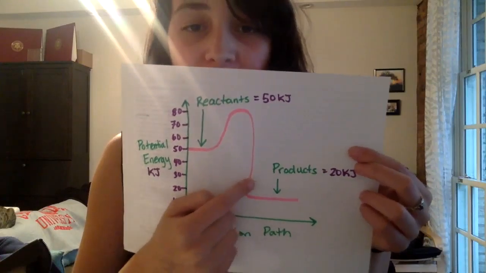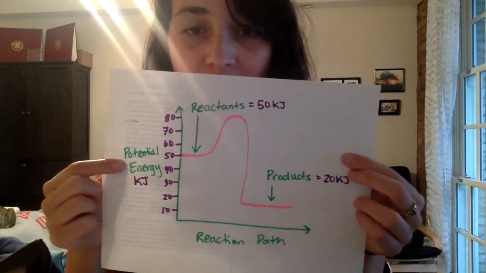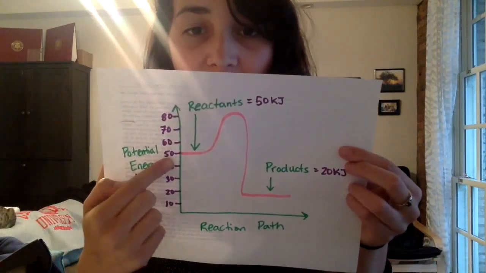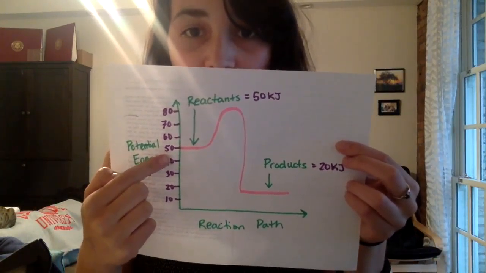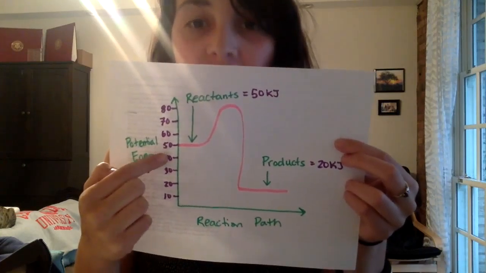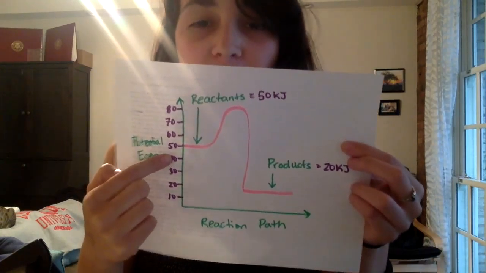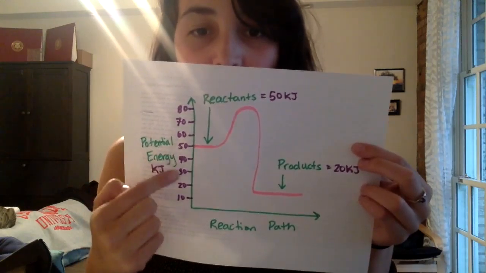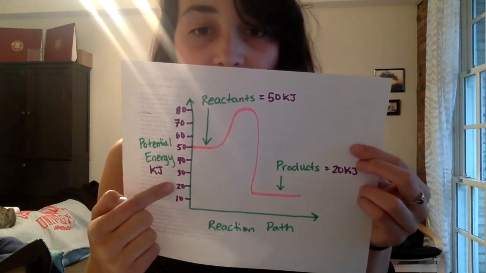Now, because I've labeled my scale on the side here, I can tell that my reactants start at 50 kilojoules. That means that the chemicals in their reactant form have a potential energy of 50 kilojoules. Now my products are lower on this scale.